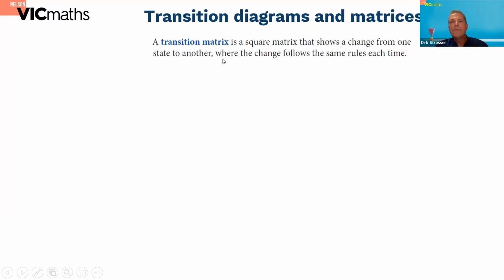Transition matrices are square matrices that show a change from one state to another, where the change follows the same rule each time.